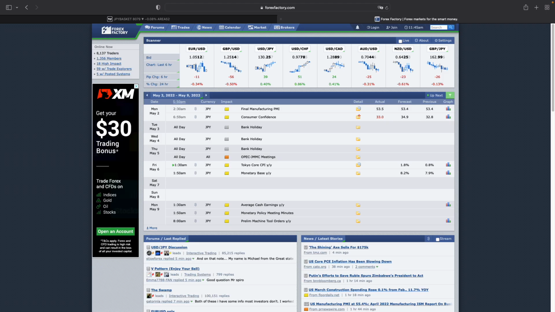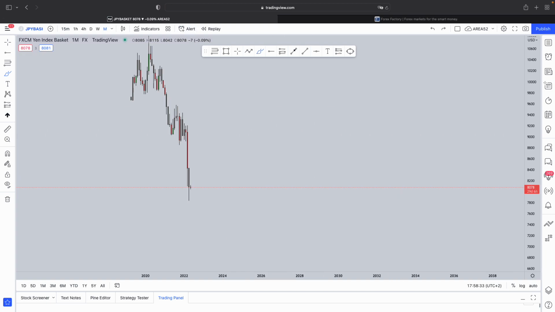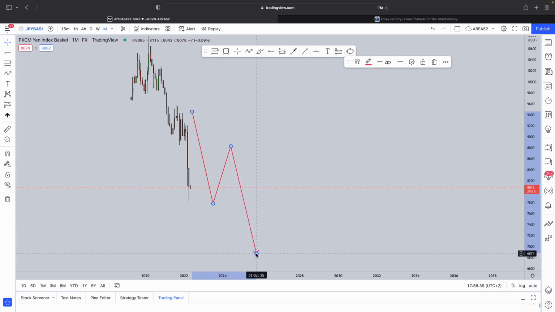First things first. So today we had the Japan final manufacturing PMI that came through at 53.5. As we know, in terms of PMI, anything above 50 is good for a currency. Apart from that, the yen has been oversold and a correction is expected if a continuation is seen in the market.